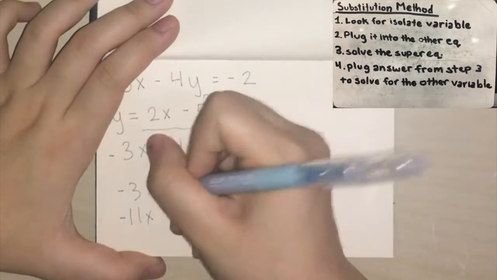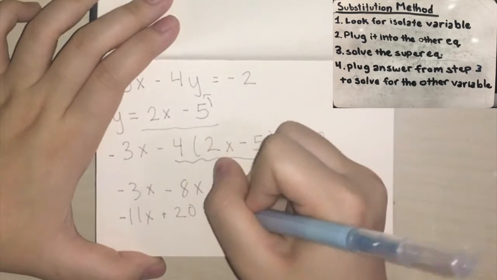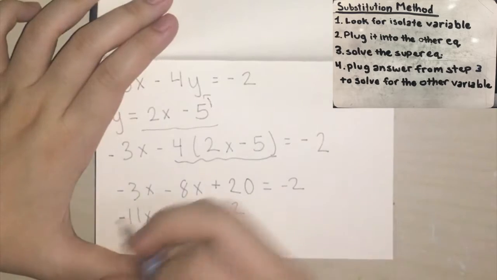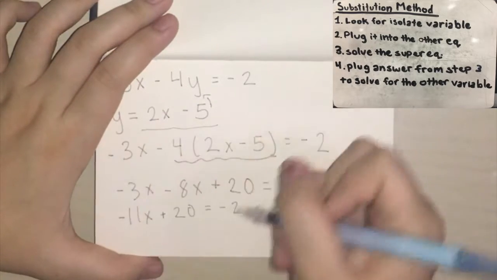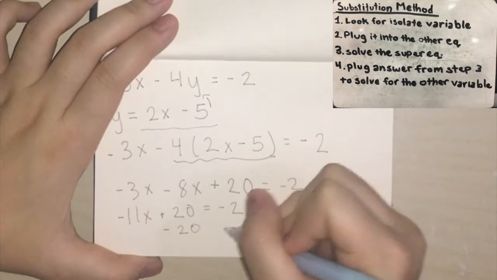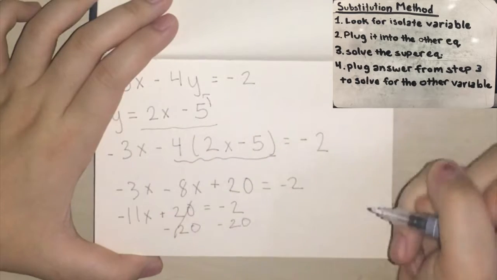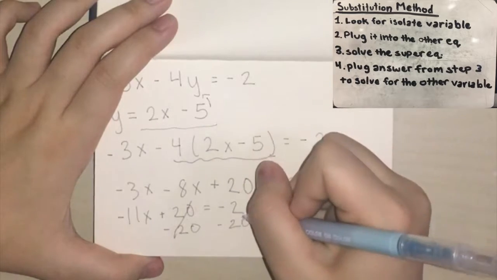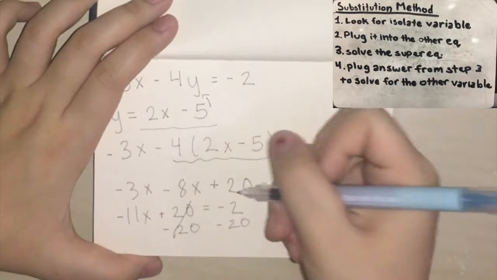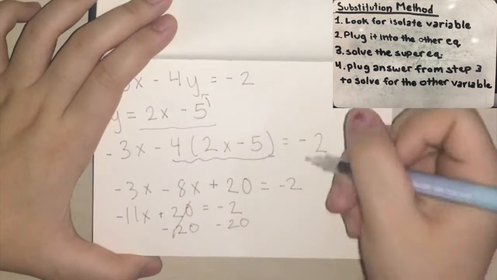So it's now negative 11x plus 20 equals negative 2. Now we have to subtract 20 here and 20 here. Cross that out because when you subtract 20, it's obviously 0. When you subtract one side, you have to subtract the other side.